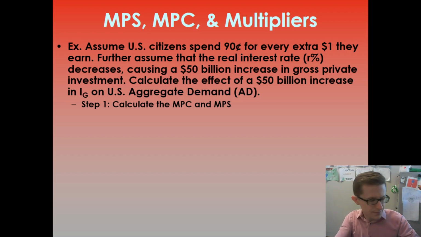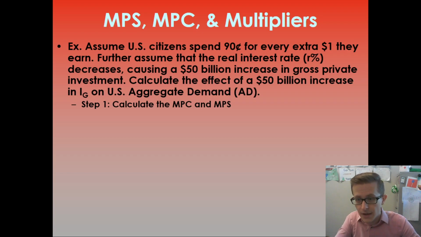So step 1 is to calculate the marginal propensity to save and the marginal propensity to consume. To calculate the MPC, you're dividing that 90 cents by the dollar, meaning 90 divided by 100, giving you 0.9.